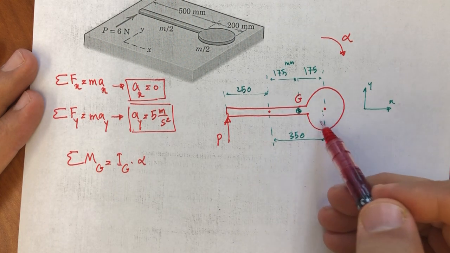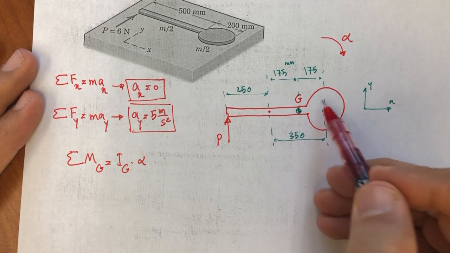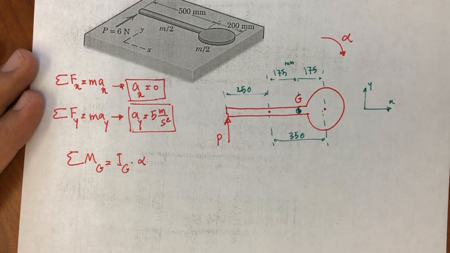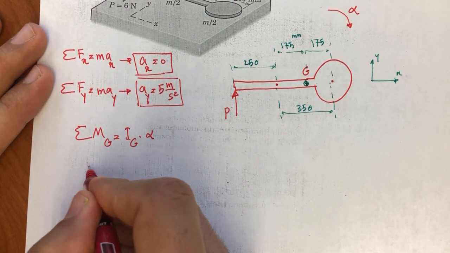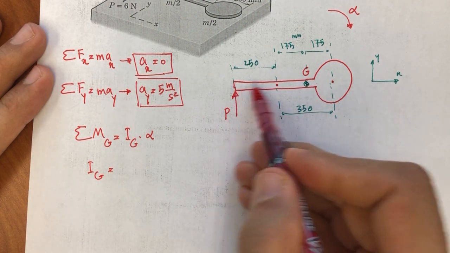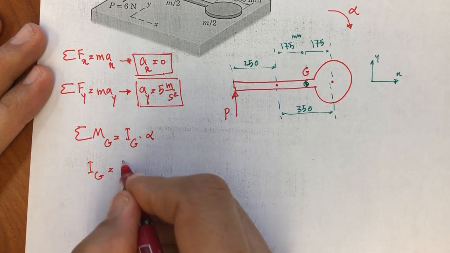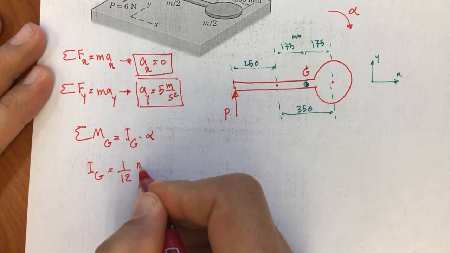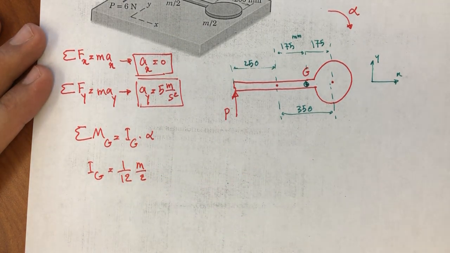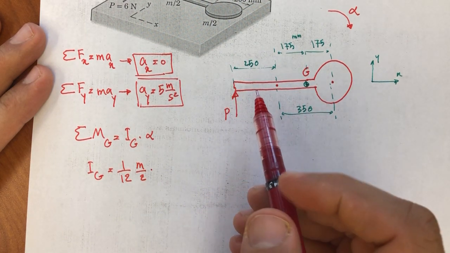For the disk, we know the mass moment of inertia about the center of it, but we need to add mass times distance squared to find the mass moment of inertia about G. So Ig is going to be equal to the mass moment of inertia of the rod about the center of it, which is 1 over 12 times mass of it, which is m divided by 2 here, times length squared, and the length is 0.5 meter.